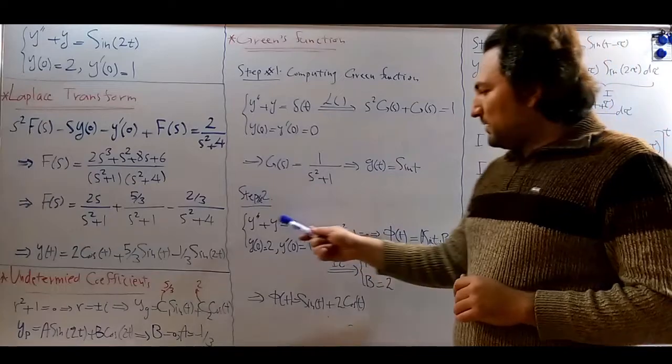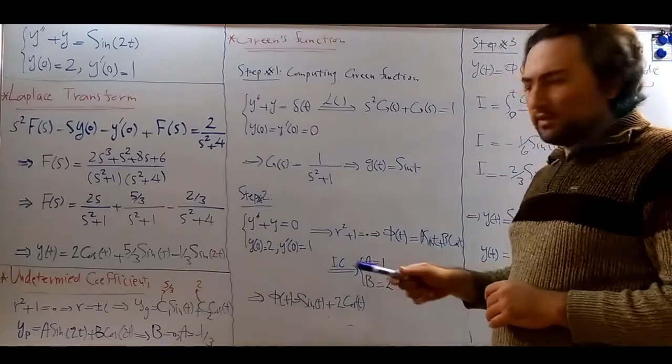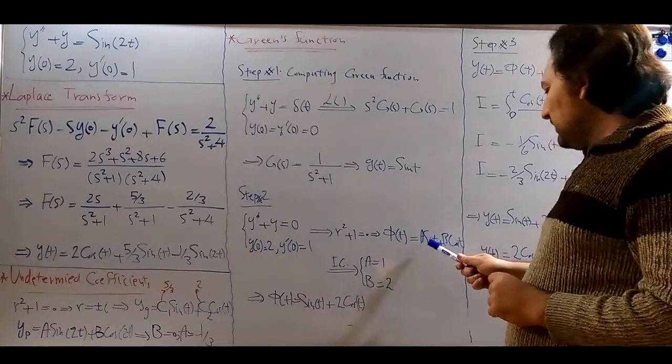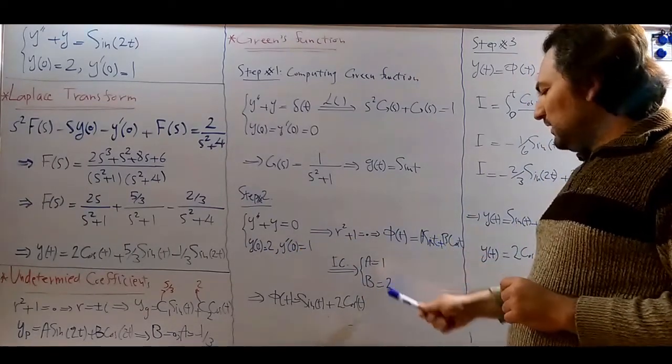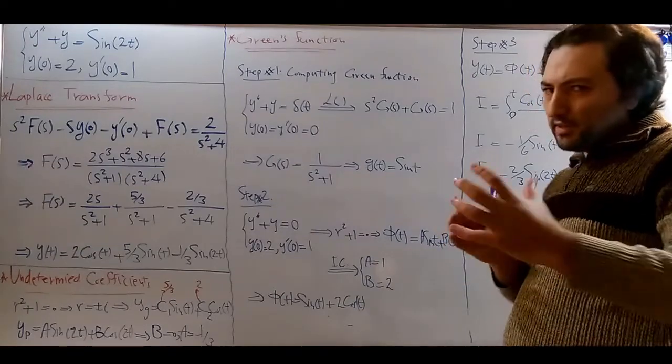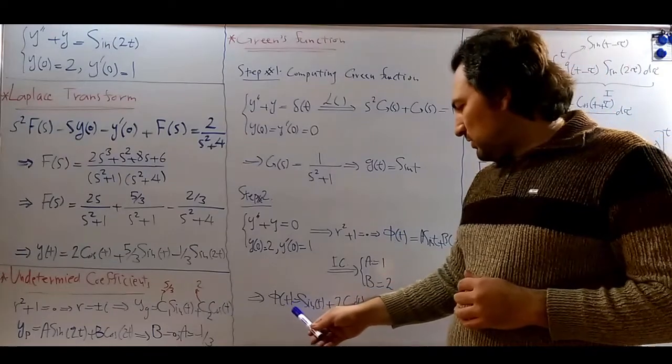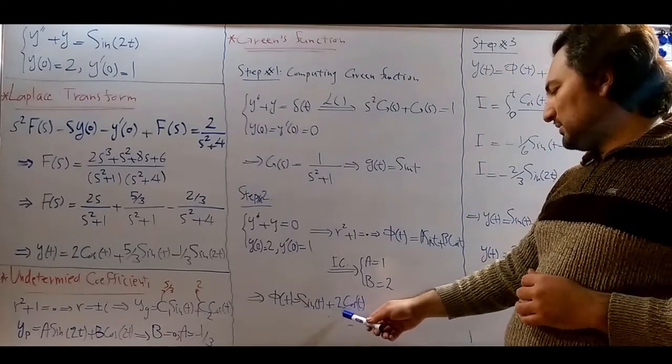And then apply the initial conditions using these constraints here. a equals 1 and b equals 2. So a part of this final solution is the phi function, which equals sine of t plus twice the cosine of t.